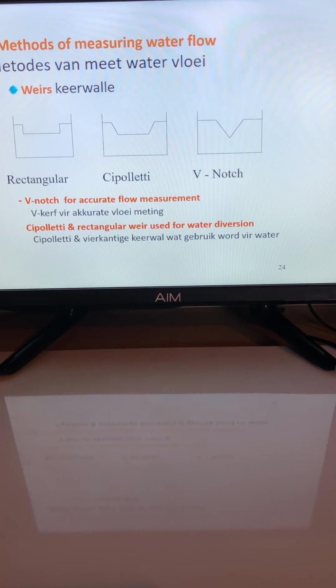One of the ways that we can use to measure water flow is what's called a weir, in Afrikaans keerwalle. Here's a picture of how it looks.